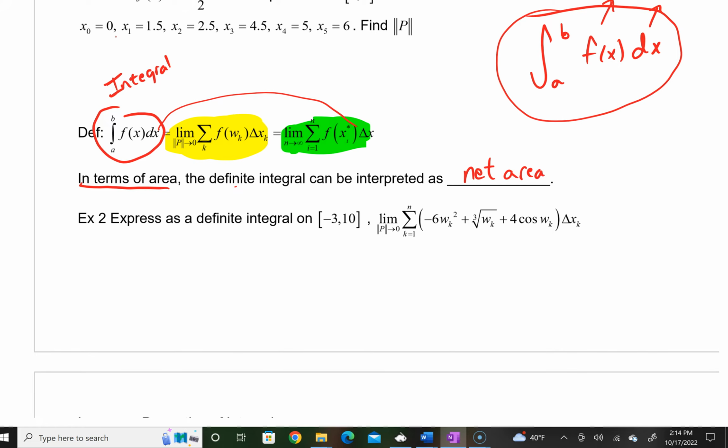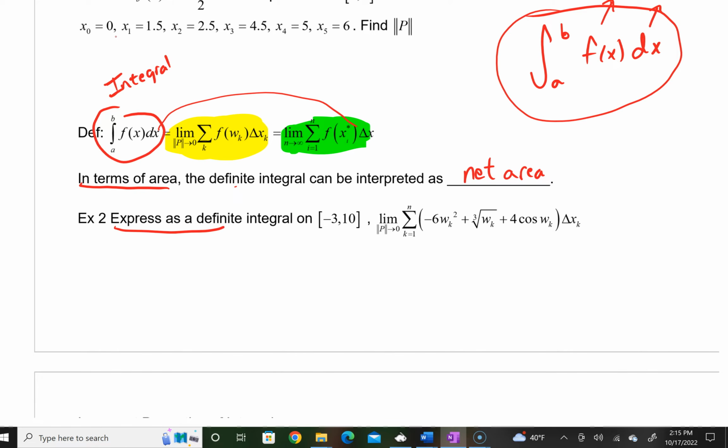It's possible that our answer could be negative, in which case we're saying that there's more area below the x-axis than above. And we very well could see cancellations of the positive area and the negative area, the area above the x-axis and below. So that's why really the proper understanding of a definite integral is that of net area.